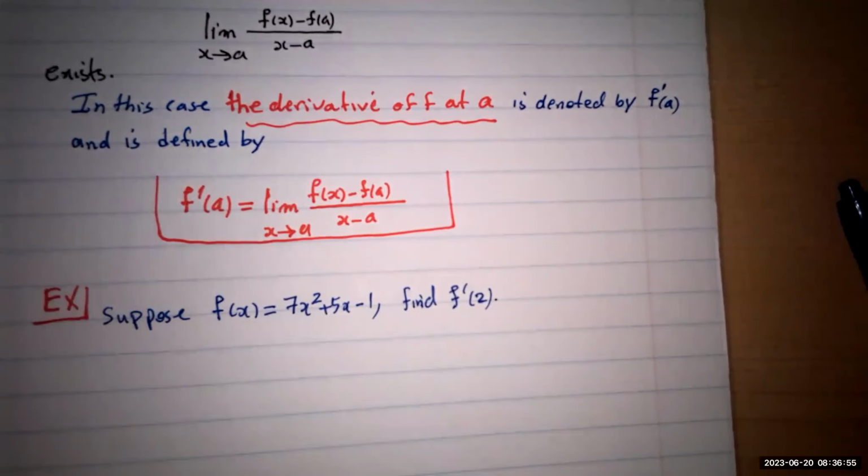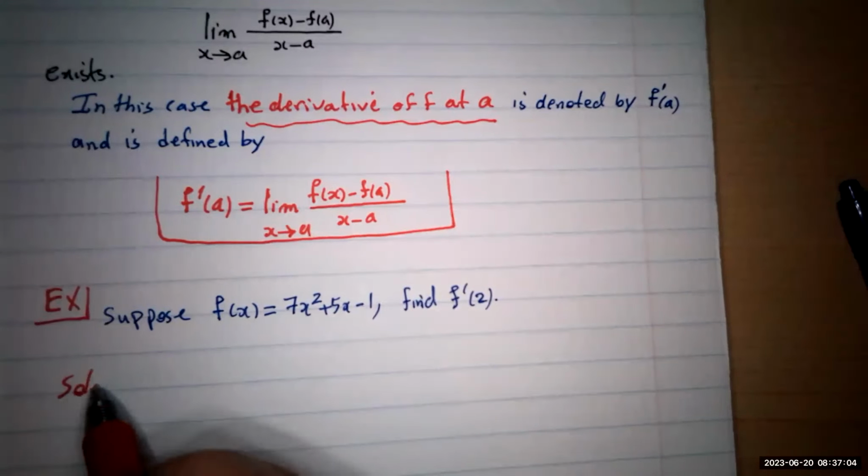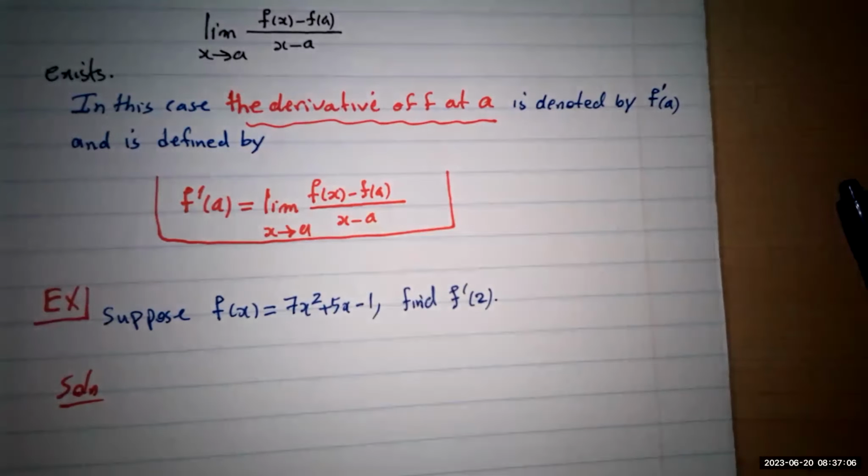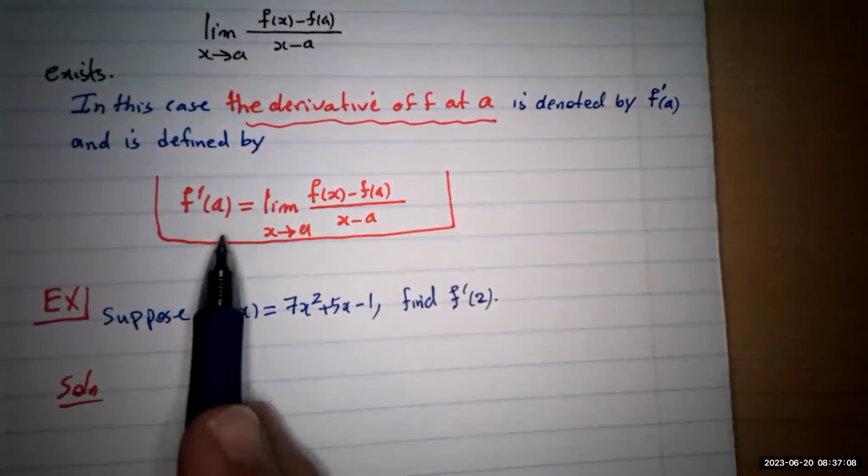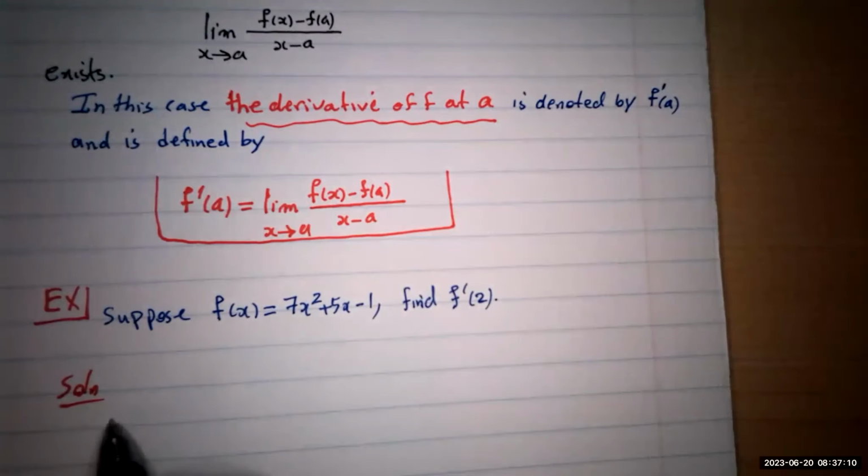This would be one of your questions, or part of one question, on the coming test. So you have to know this. Solution: just apply the formula for a equal to 2. So I just remind the formula.